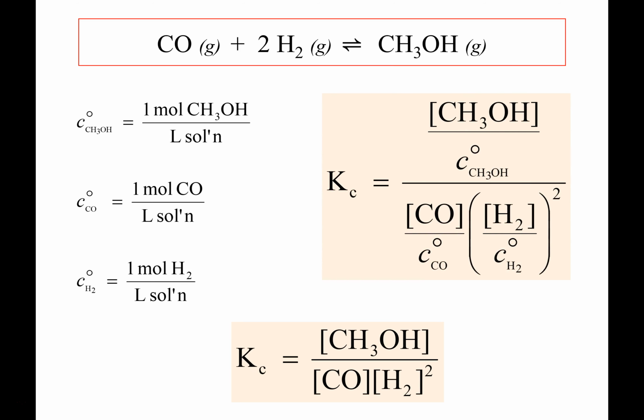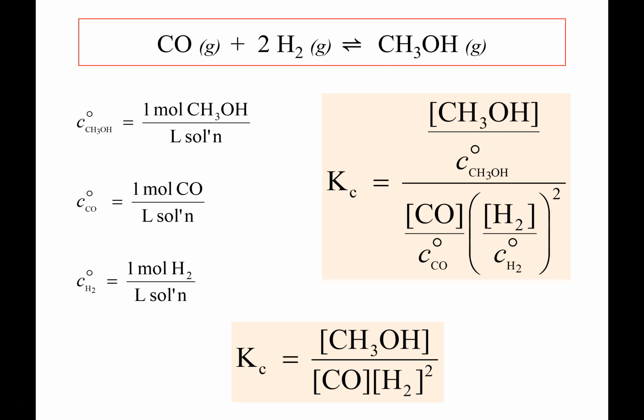This is my equilibrium constant expression, and if I go ahead and introduce C naught for each of the species involved, that just has a numeric value of 1, but has units equal to molar, moles per liter, that actually then won't change the number, but it will make the units cancel.